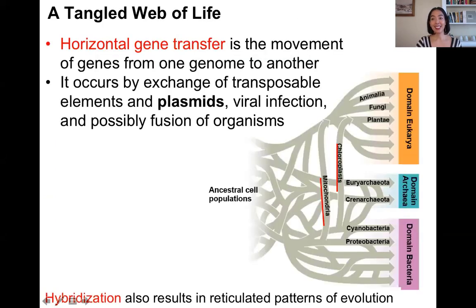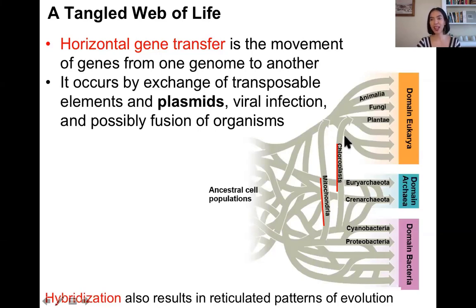We presented last class that horizontal gene transfer is the movement of genes from one species to another, or from one genome to another. This is sometimes facilitated by transposable elements in plasmids. We're going to learn today about plasmids, viral infections, of course, and sometimes the fusion of organisms, such as what happened with the endosymbiosis of mitochondria and the chloroplast.